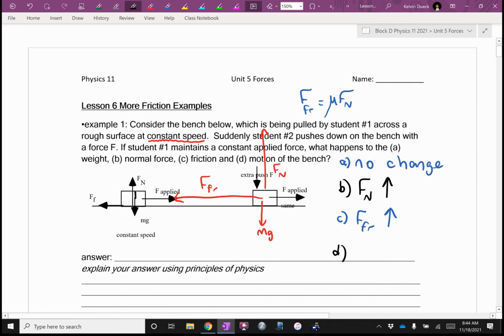So how will this bench move? Well, looking at my new free body diagram, the one on the right, which way must it accelerate? Look at it. Which way must it accelerate? To the left? Which way was it moving? So if you're moving to the right, but you're accelerating to the left, how does that manifest in the real world? What will we see the block doing? Slowing down and come to a stop.